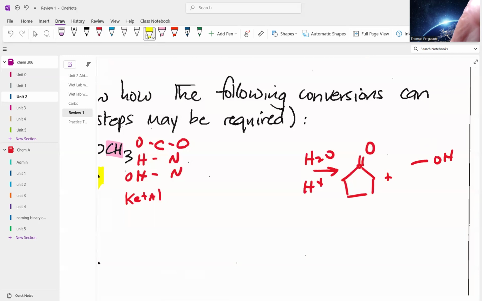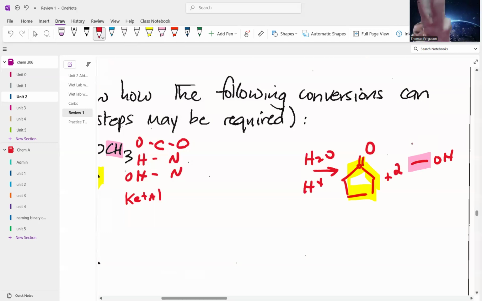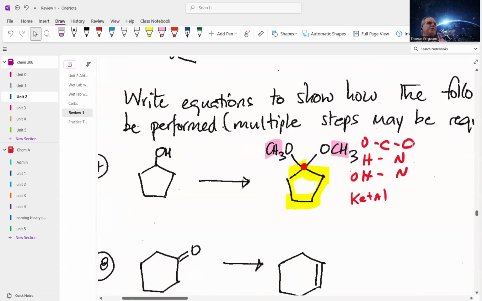So this is going to be the original secondary. And we end up with two of them. All right. So that gets us to a ketal, but we're starting with an alcohol.